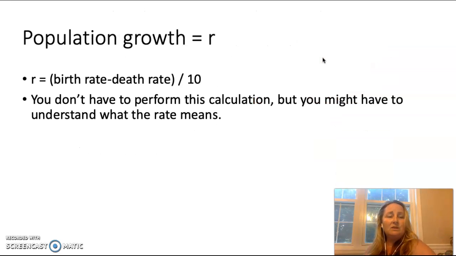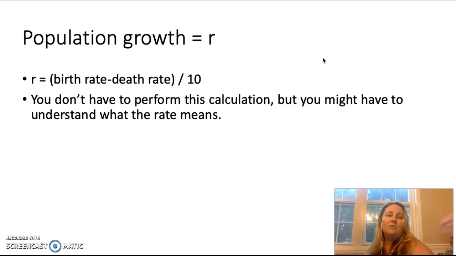So the way that we would calculate growth rate would be R is the rate of population growth, and it's equal to birth rate minus death rate divided by 10. We did practice doing these in class, but you won't have to perform any calculations. You might just have to understand what the rate means.